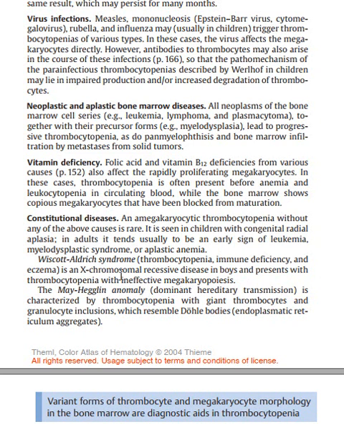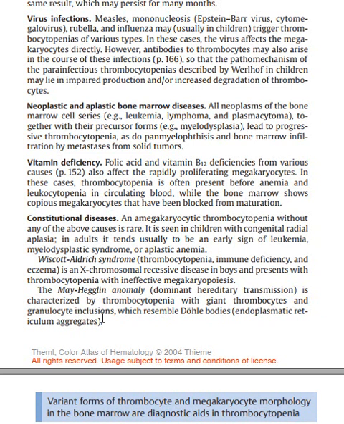Is it clear? Now we also have another one, which is called the May-Hegglin anomaly. It has a dominant hereditary transmission and is characterized by thrombocytopenia with giant thrombocytes and granulocyte inclusions.